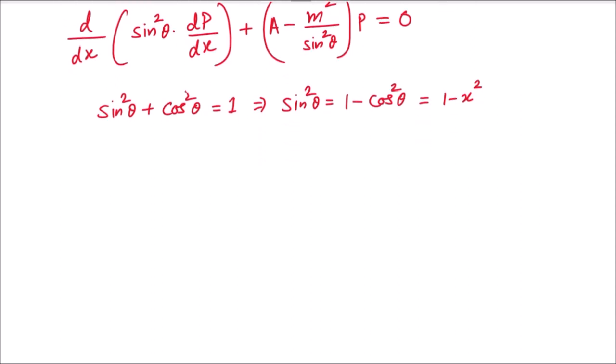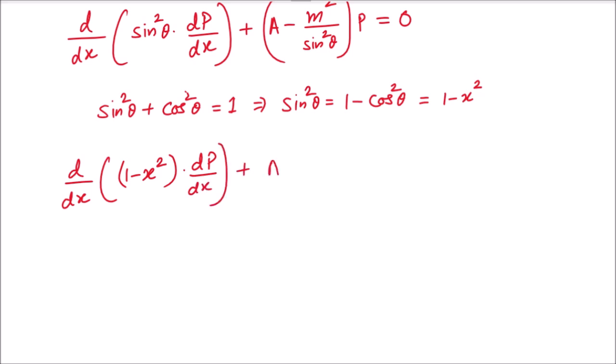So the equation becomes d by dx of 1 minus x square into dp by dx plus a minus m square upon 1 minus x square into P equal to 0.